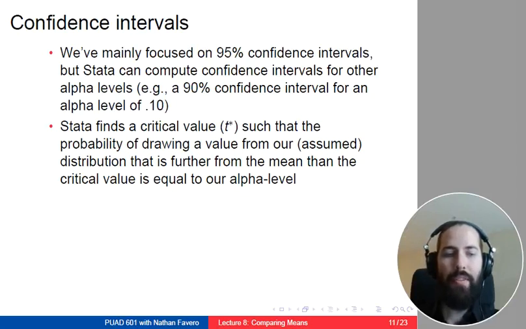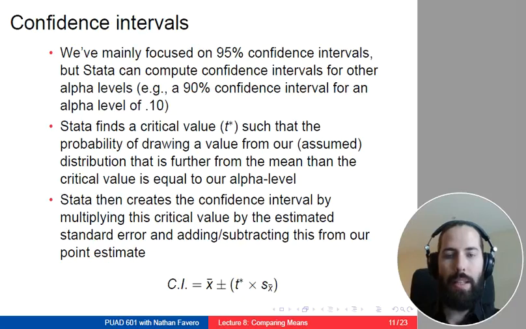In other words, if we have an alpha level of 0.1, then 10% of the time we'll get something that's outside of that value. Conversely, the confidence level is 90%. So that means that 90% of the time we're going to get a value that is within that range.